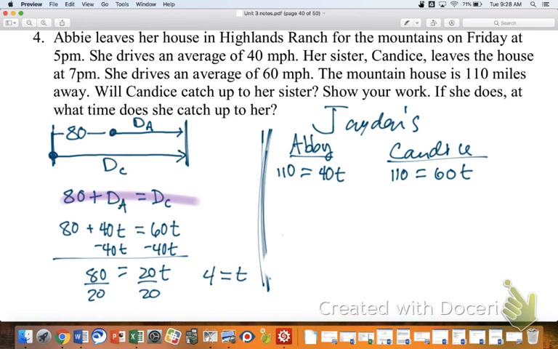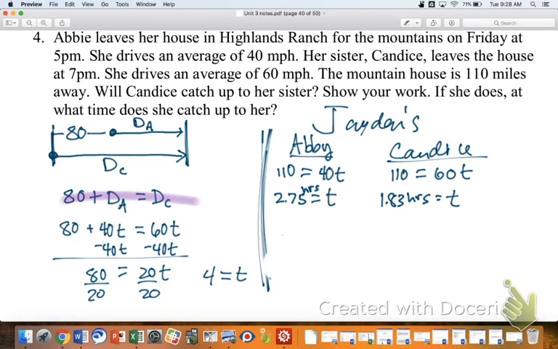Okay, does that make sense to you guys? Okay, keep going. And then I divided by 40 on both sides for Abby. Sure. What did you get when you did that? I got 2.75. Okay, and that'd be hours. Yep, 2.75 hours. And then for Candace, I divided by 60 on both sides and got 1.83 hours.